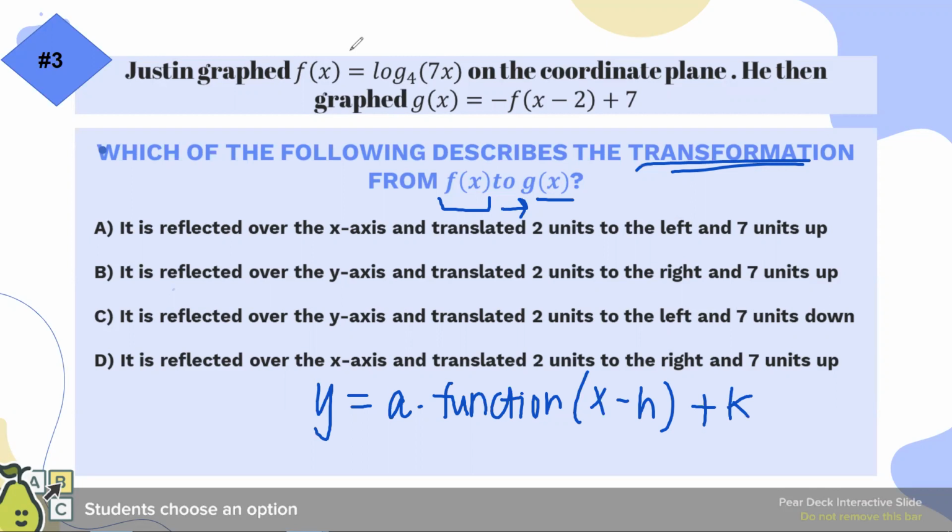We've always had these things in place, and the a value was always going to tell us whether we were stretching, compressing, vertically, or reflecting our graph.